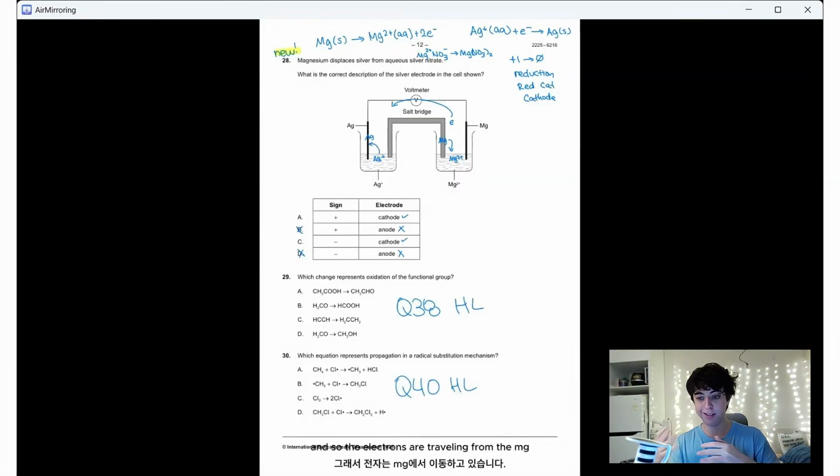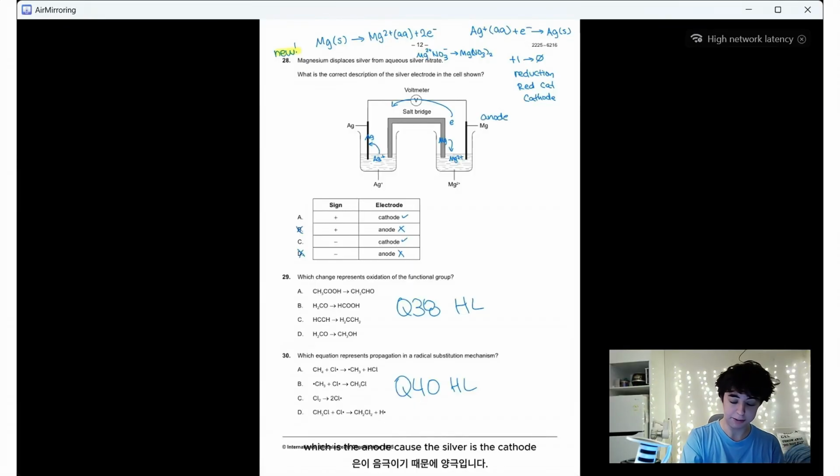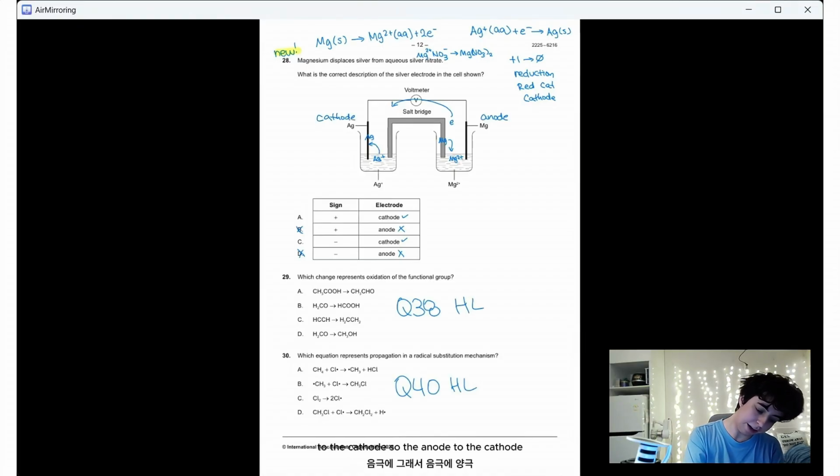Okay, and so the electrons are traveling from the Mg, which is the anode, because the silver is the cathode, so that's the only other option, to the cathode. So the anode to the cathode.